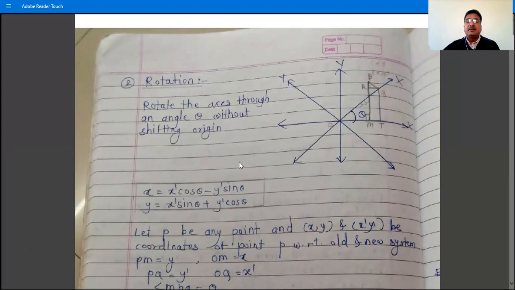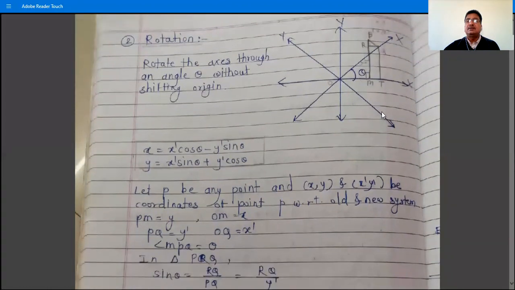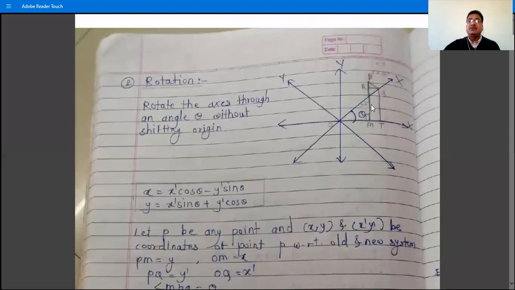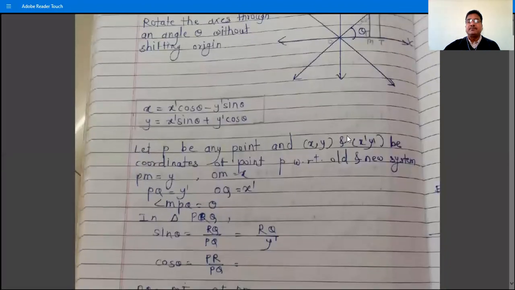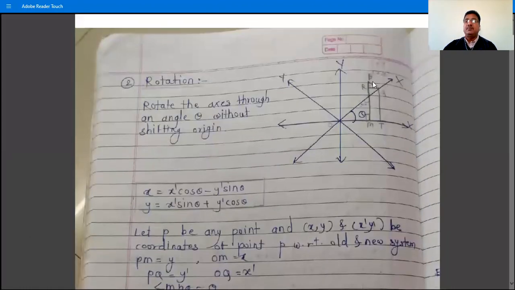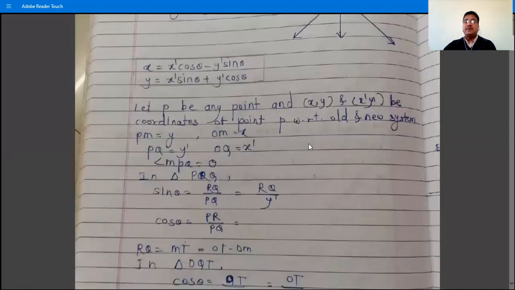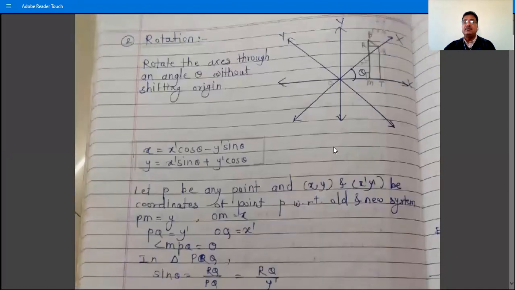So with respect to the new and old systems, consider the coordinates of the same point. Suppose P is the point having coordinates (x, y) and (x dash, y dash) with respect to the old and new systems respectively. That is, (x, y) is the coordinate of the point P with respect to the old system, and (x dash, y dash) are the coordinates of the same point P with respect to the new system.